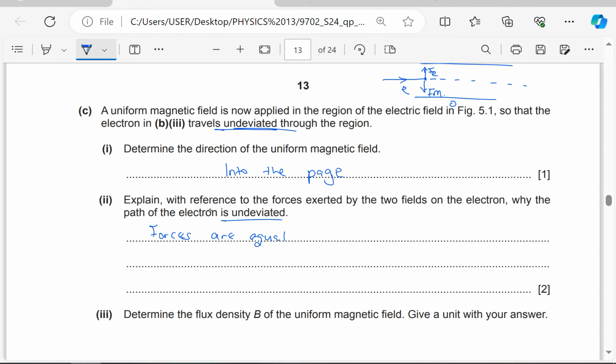So the forces are equal in magnitude and act in opposite directions on the electron.